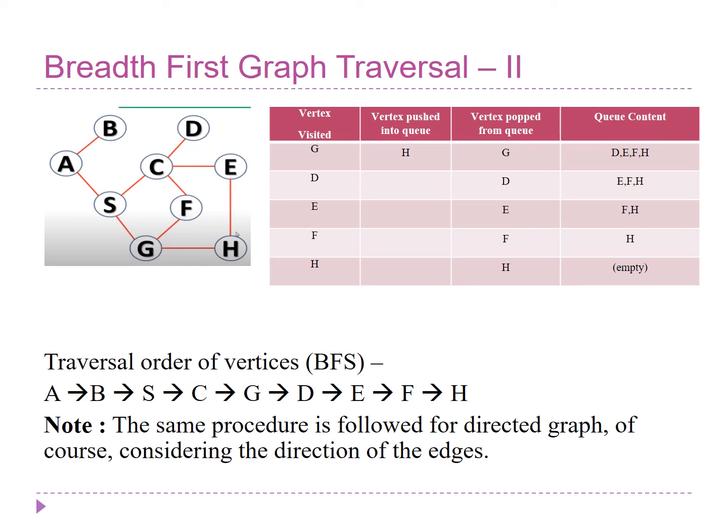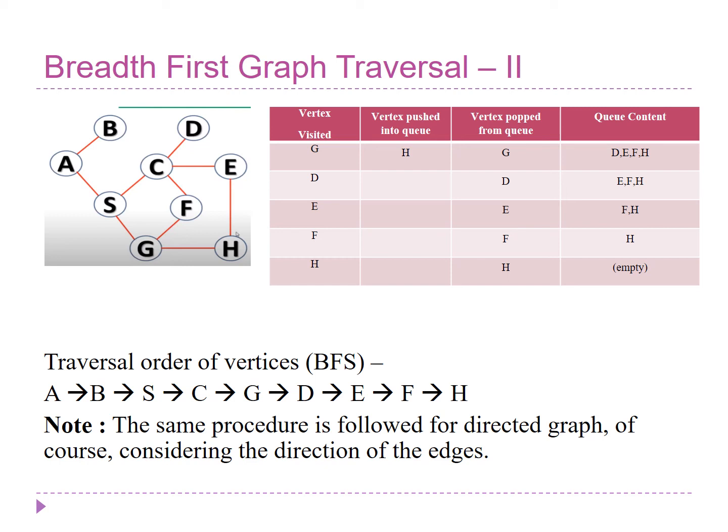The traversal order of vertices using BFS for the given graph is A, then B, then S, then C, then G, then D, then E, F, and then H.